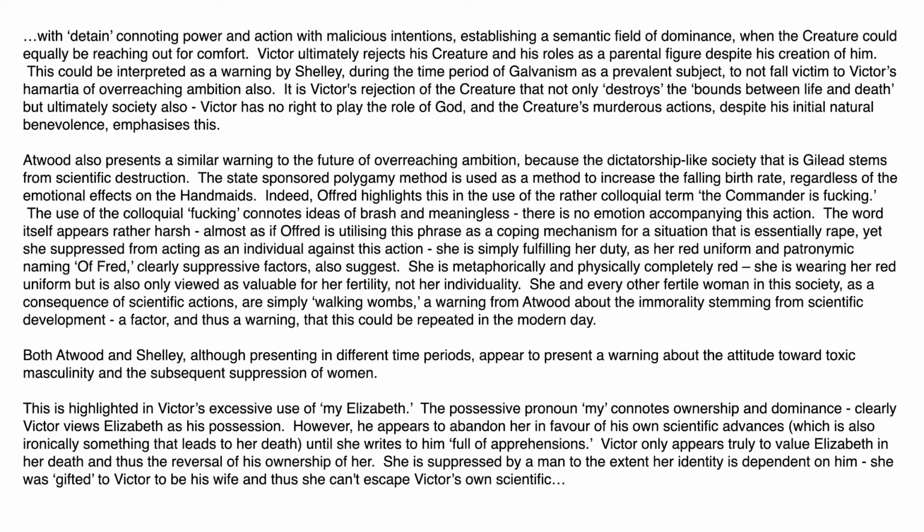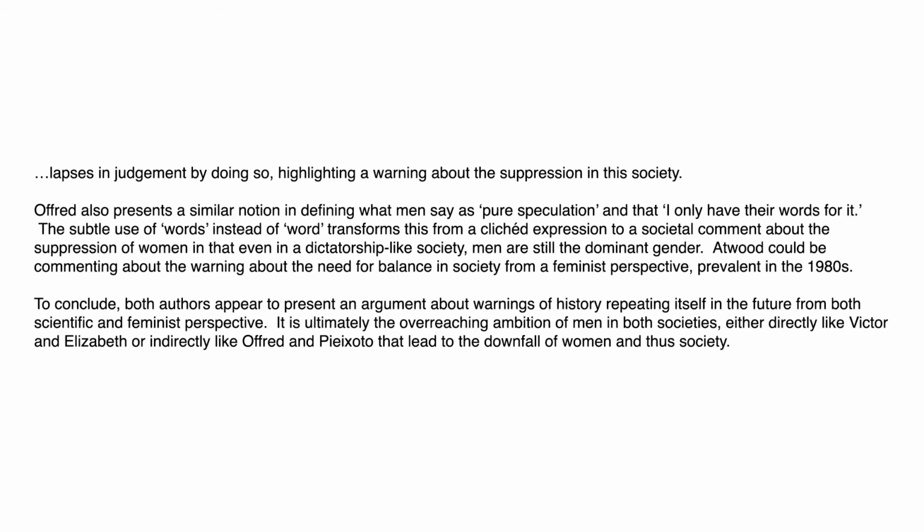She is suppressed by a man to the extent her identity is dependent on him. She was gifted to Victor to be his wife, and thus she can't escape Victor's own scientific lapses in judgment by doing so, highlighting a warning about the suppression in this society.